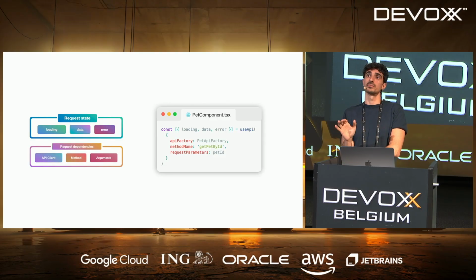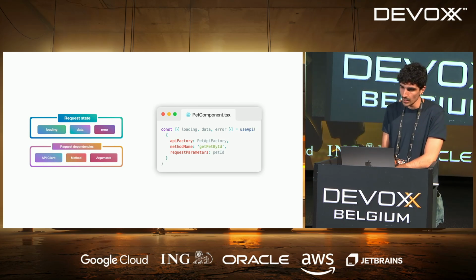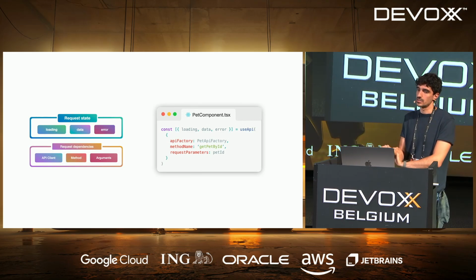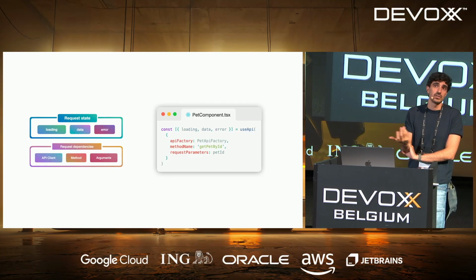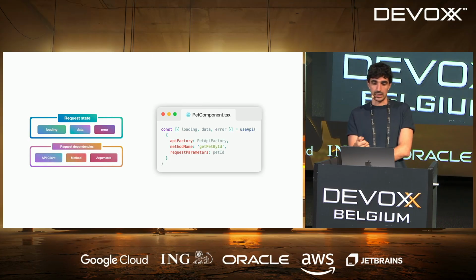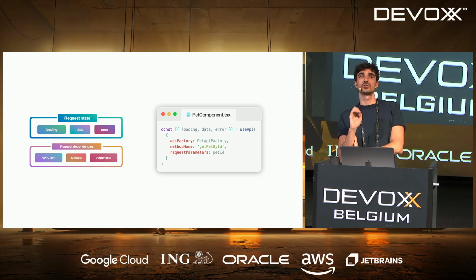You cannot write a random string, and the modern IDEs suggest all of the possible strings that are accepted, all of the possible methods. And then we have request parameters, all right? We can directly pass them here, and the request is fired as soon as the component is mounted.